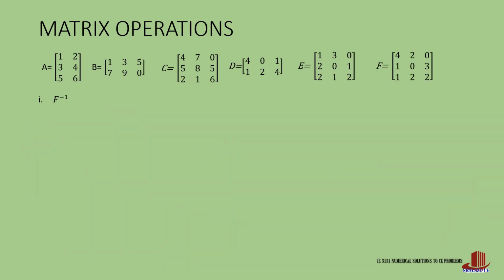So next, taking on our inverse of matrix F. For our matrix F inverse, what we would have to do would be to follow a formula. That formula is given as the inverse of a matrix as the reciprocal of the determinant of the matrix multiplied by its cofactor, which is reversed.